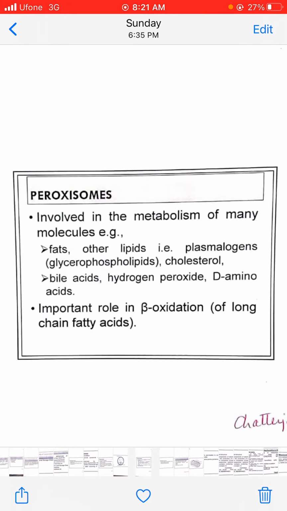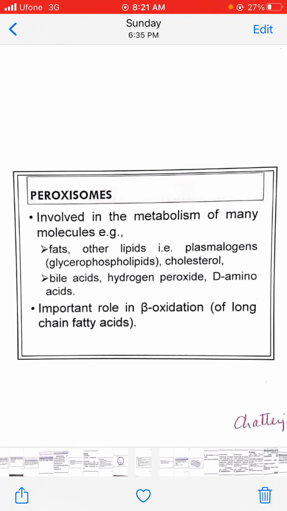So talking about the functions of the peroxisome, they are involved in the metabolism of many molecules. Different metabolic pathways of different biomolecules take place in the peroxisomes. These biomolecules include fats, lipids, plasmalogens, cholesterols, etc. And a very important function of peroxisome is the conjugation and metabolism of bile acids, hydrogen peroxides, and D-amino acids.